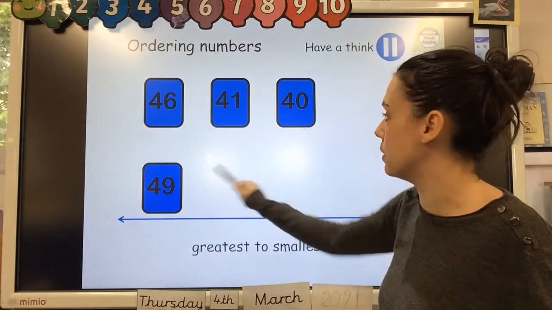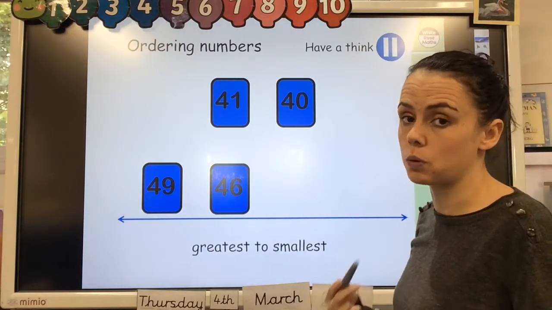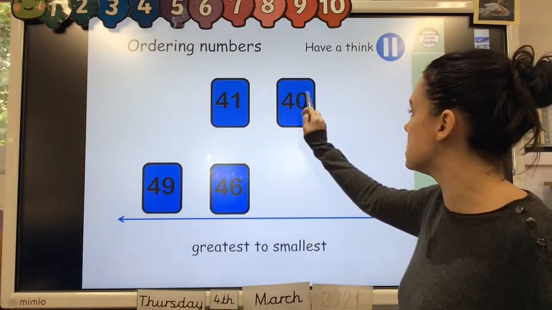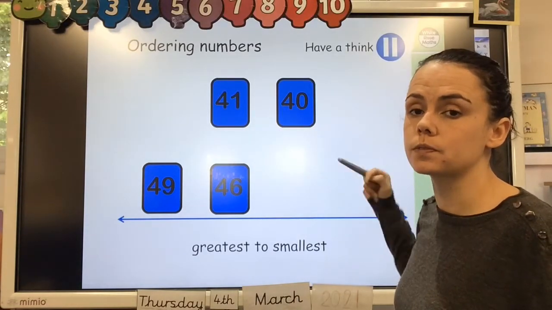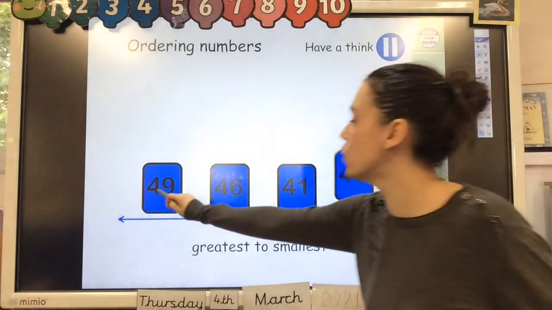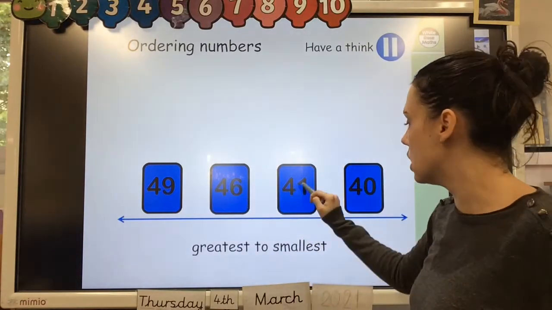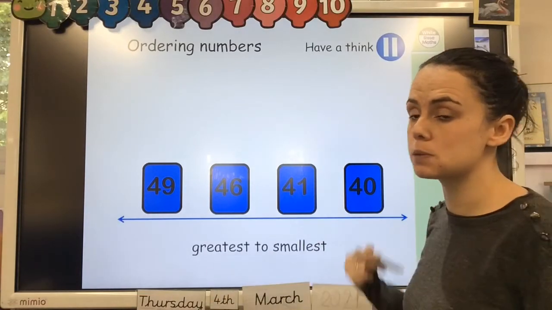So 6 will come next. And still looking at just our 1s, not our 10s, 1 and 0, which one is bigger? 1 is bigger. Which means 0 would come here. So we've got 49, 46, 41 and 40. That's how we would go from biggest to smallest.